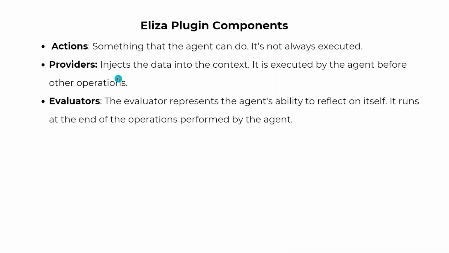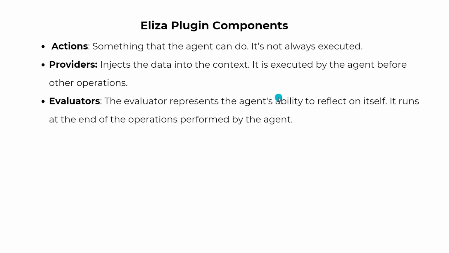Then there are providers which inject data into the context, and this is executed by the agent before doing other operations. Then there is another component, which is the evaluator. The evaluator represents the ability of the agent to reflect on itself.